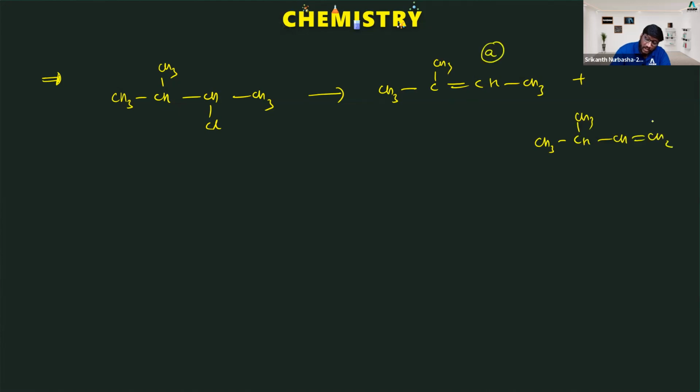This is A, this is B. Which is major, which is minor? CH3 CHCl CH3 treated with alcoholic OH forms A and B. Which is major, which is minor, and why?